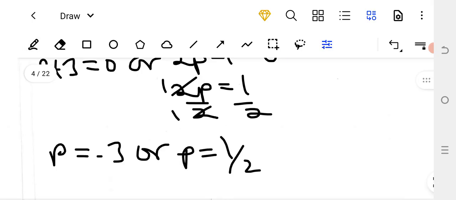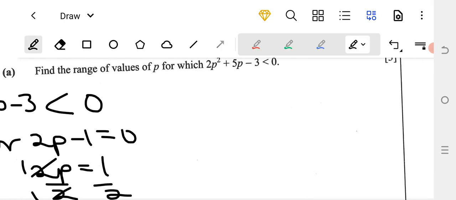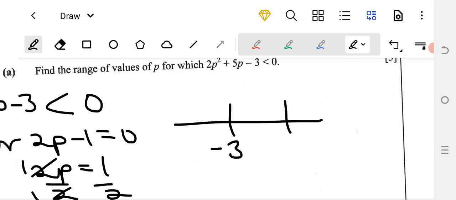So what we have found, these are critical points. This is what we call critical points. Then we're going to graph these critical points in this manner. So the negative 3 will be here, and then the 1/2 will be there. What have I done? Using these critical points, I've created 3 regions.